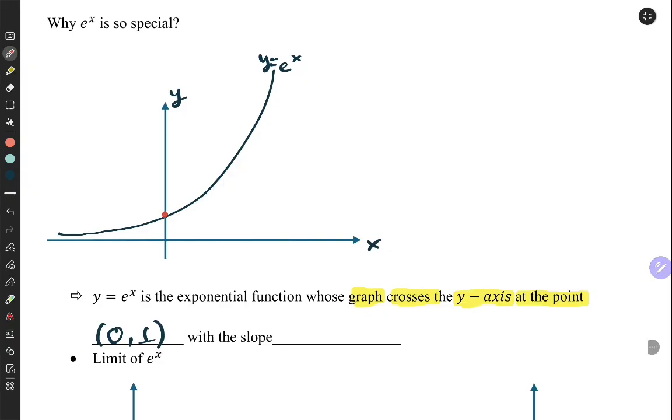If you draw a tangent line right there at (0, 1), that tangent line has a special slope, a special number: 1. That is the only exponential function whose slope at (0, 1) is 1.